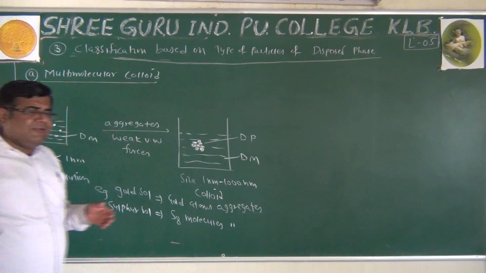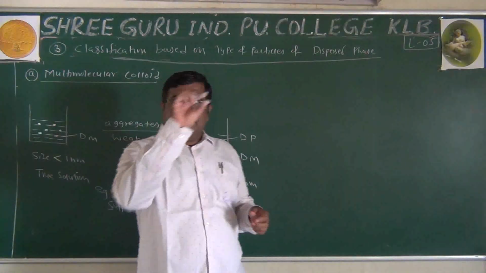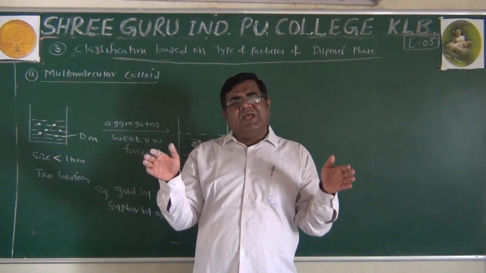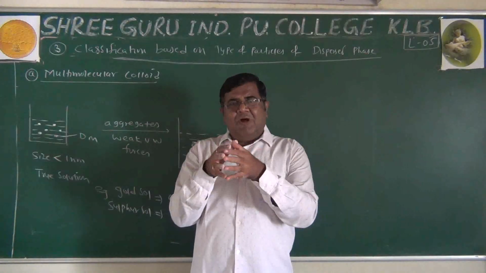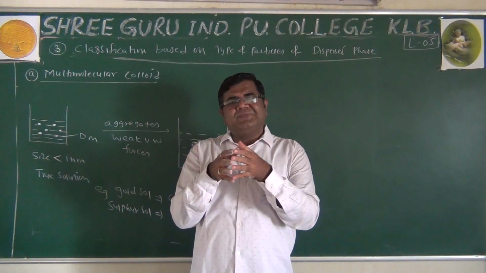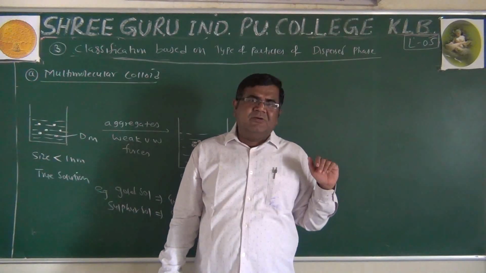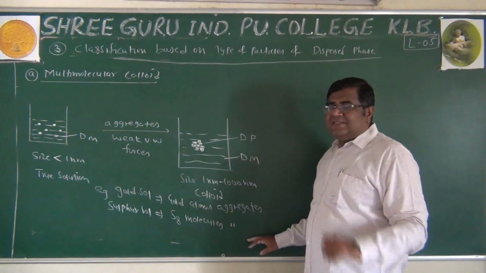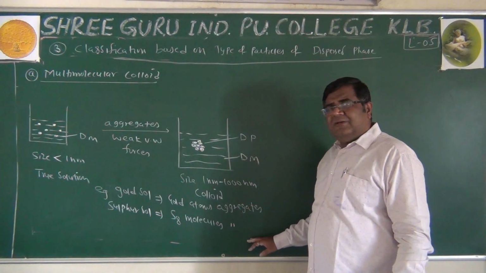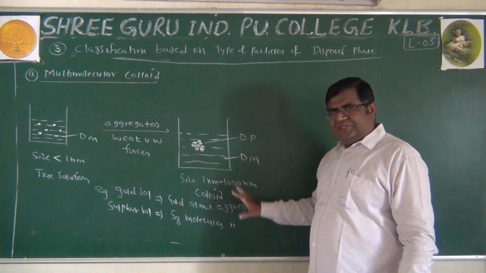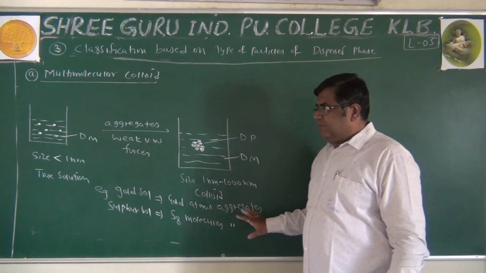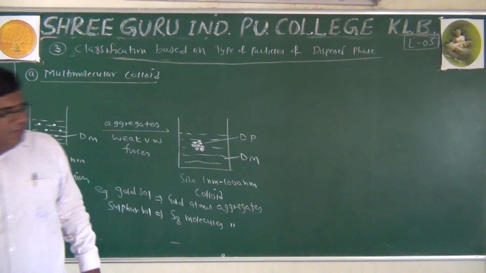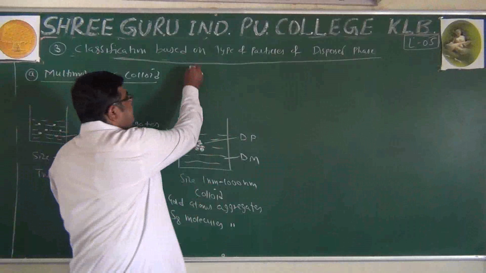It is just like small particles here and here, which are having size less than 1 nanometer. They form a cluster, an aggregation, and we get particles of colloidal size. This is called multimolecular colloid. Only this much is enough to define them, because there is nothing difficult in understanding this concept.